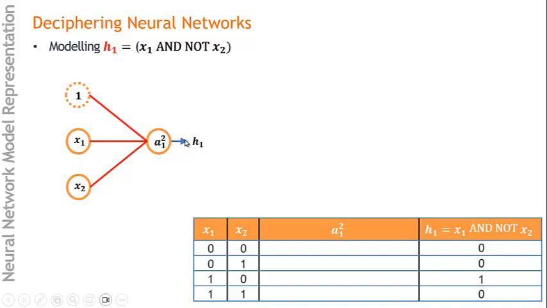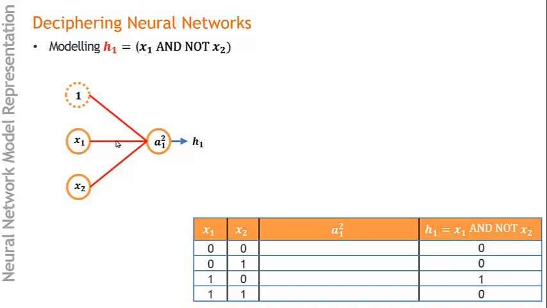And my output's going to be 0, my decision is going to be 0, if the input to the logistic function is negative. And the input to the logistic function is a linear combination of the inputs that were put into the network. So it's going to be theta 0 plus theta 1 x1 plus theta 2 x2.